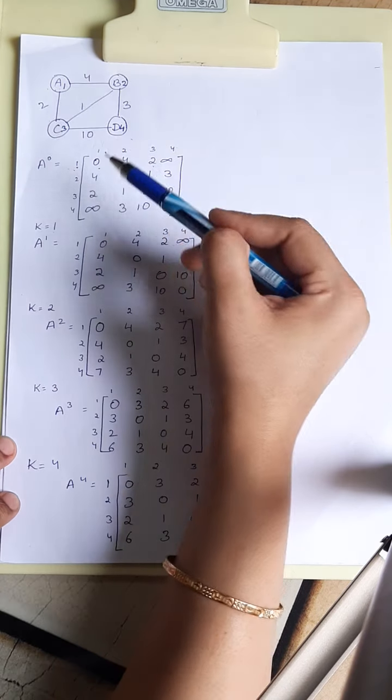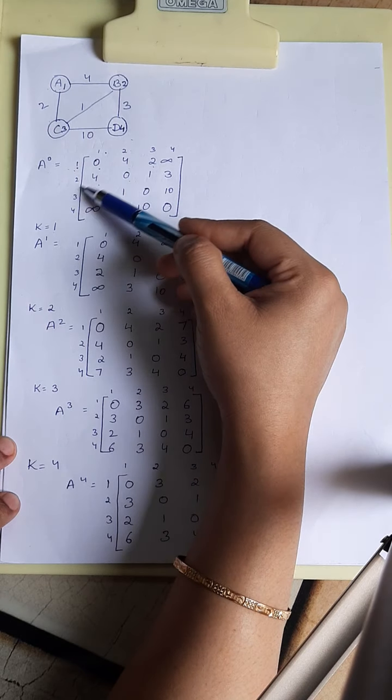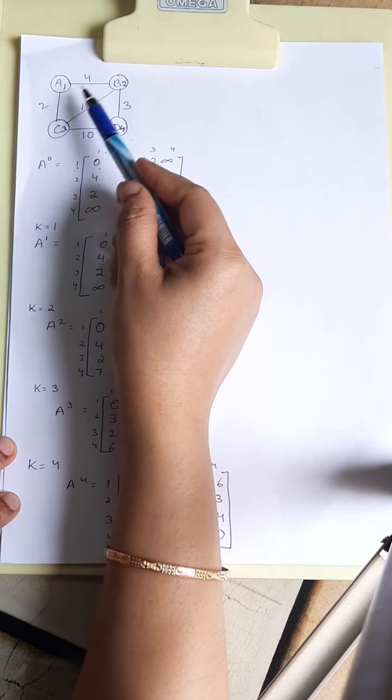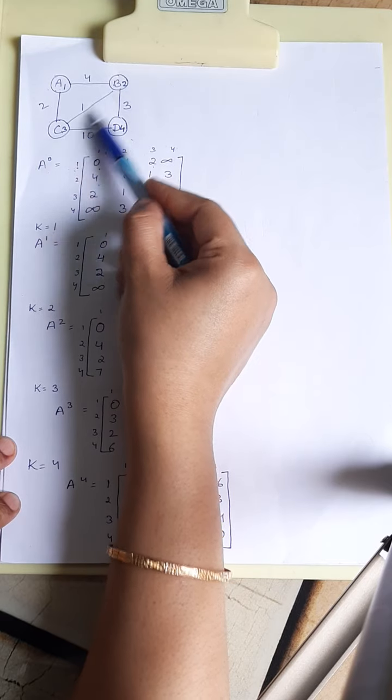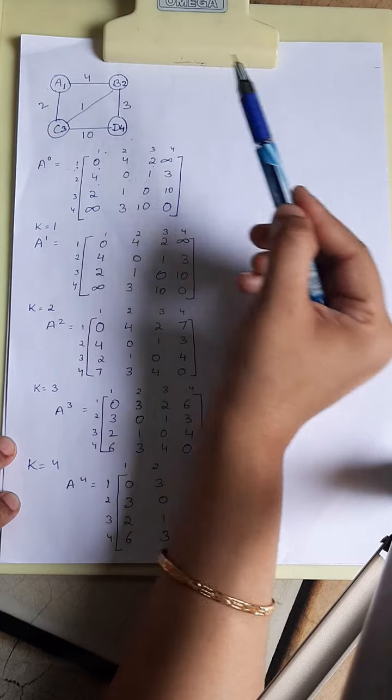So 2 to 1, again the value is 4, 2 to 2, no self loop, so value is 0. 2 to 3, value is 1, direct edge is available. 2 to 4, value is 3 which is given.